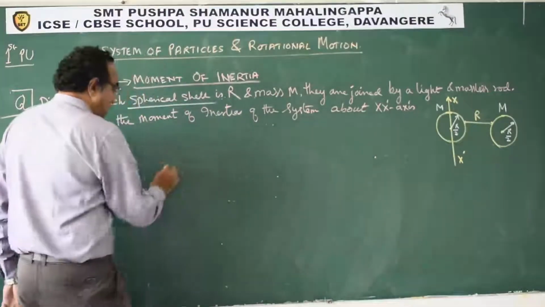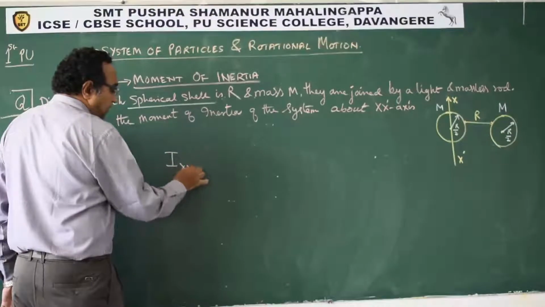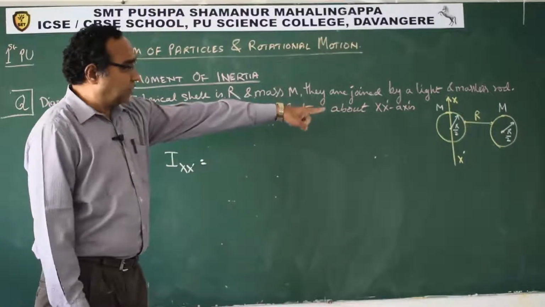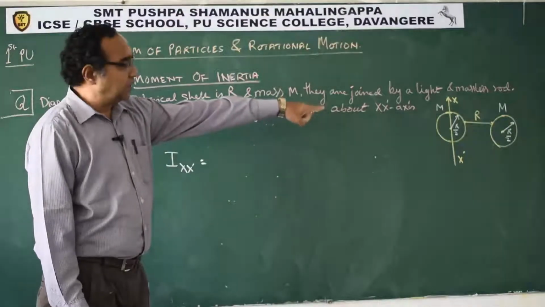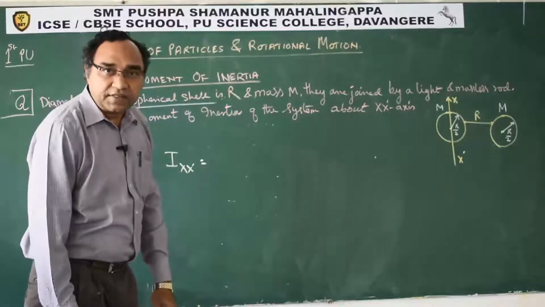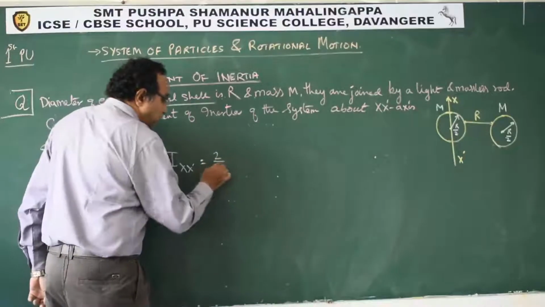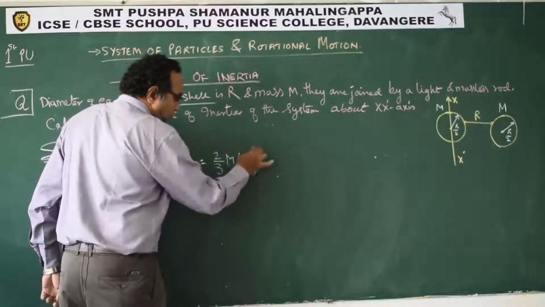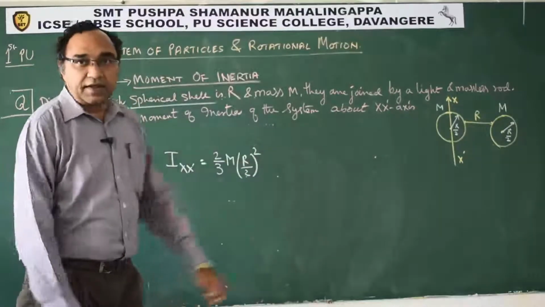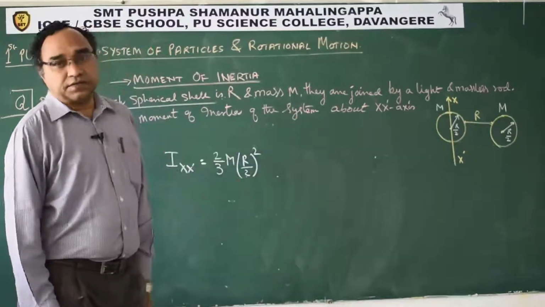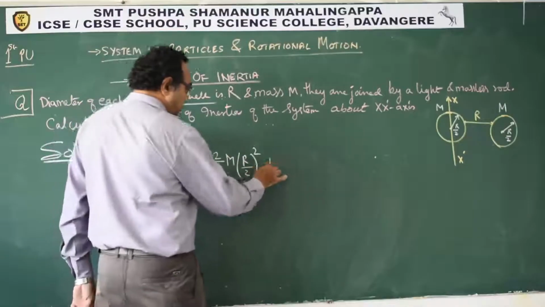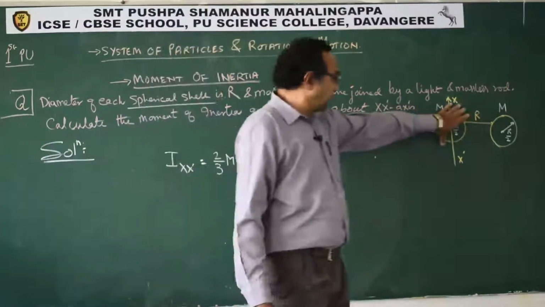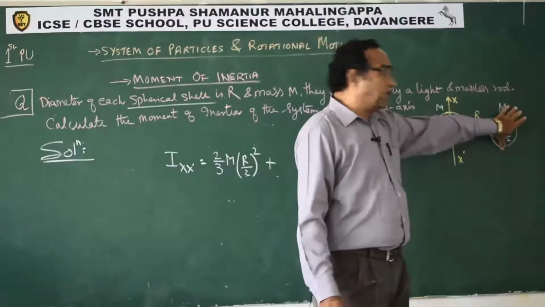So now the moment of inertia about x dash, what will we write? First of all, the moment of inertia of the first sphere. It contains the axis, so it is 2 by 3 m into r by 2 square, 2 by 3 mr square, plus the moment of inertia of the second sphere.